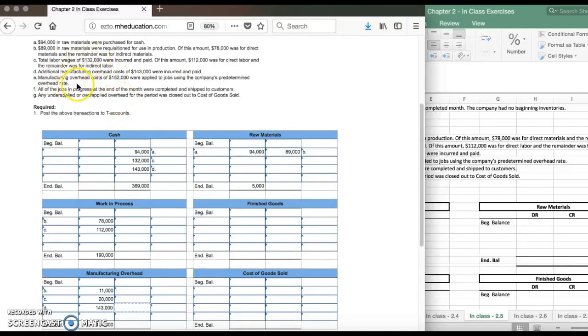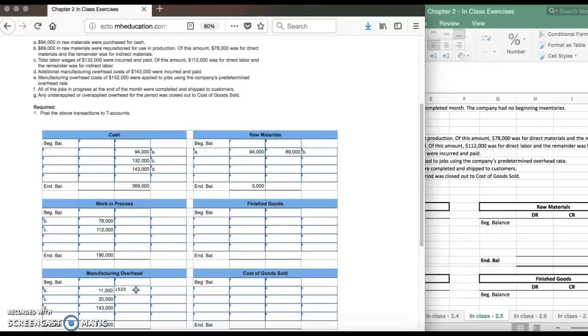And that's it. E, manufacturing overhead costs of 152,000 were applied to jobs using the company's predetermined overhead rate. So what happens if they apply it to a job? So we're definitely going to reduce manufacturing overhead.